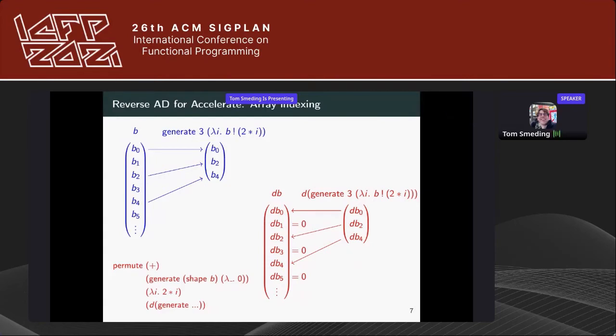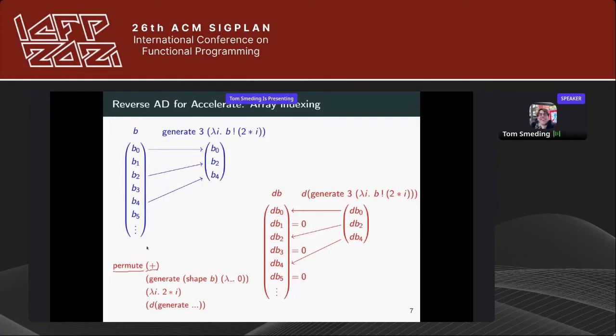And this is why it is a scatter, because this original function was really a gather operation. And when you dualize that, when you reverse the control flow, you also reverse the data flow, and a gather becomes a scatter. And a permute is how Accelerate notates a scatter operation, where if you have a write conflict, so if multiple values go to the same destination cell, we want to add those.